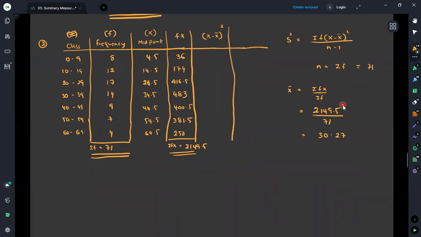Then I will directly calculate the values for x minus the mean value, 30.27, squared. For the first one, we'll get 664.09. Then 248.69.